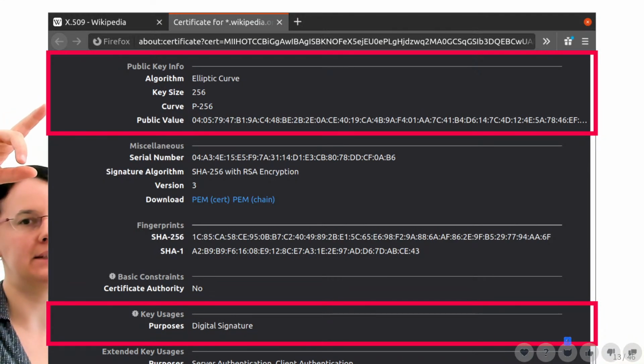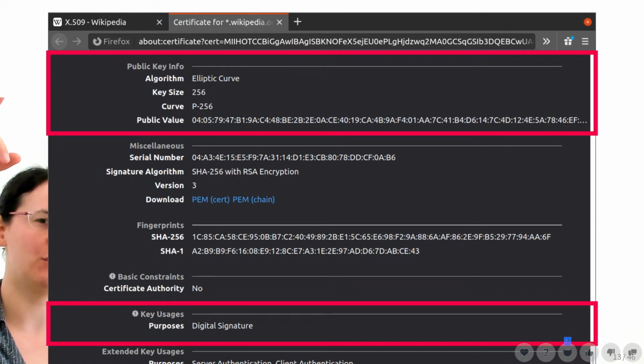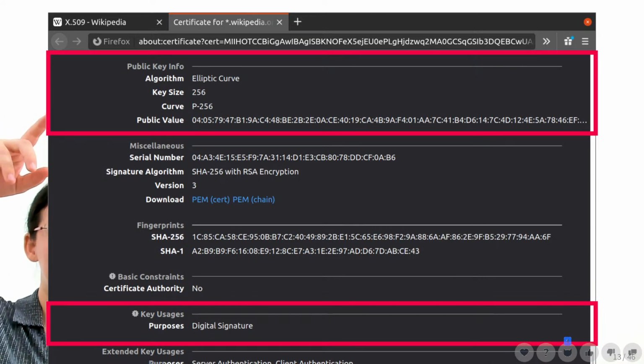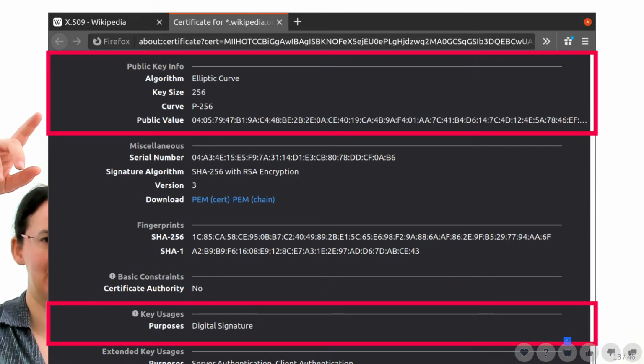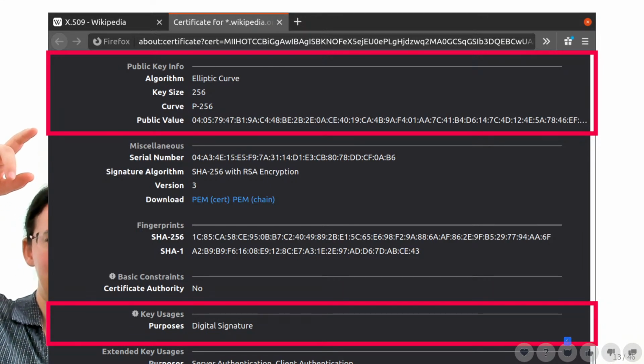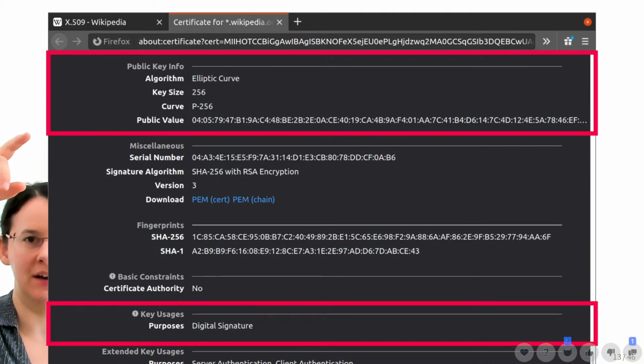You can see the key size here, so it's using 250-bit keys, which is actually a bit small for asymmetric cryptography, but we'll see in a moment that it's quite okay. It specifies which specific variant, so that would be like saying which modulus exactly you're using, except in curves you call it a curve and not a modulus. And you have the public value here, so that's the public key, written as a long hex string.